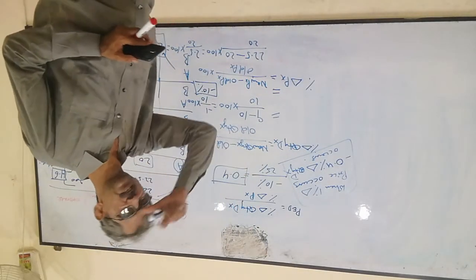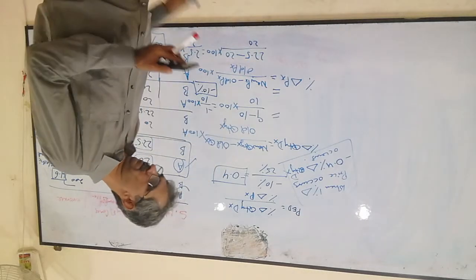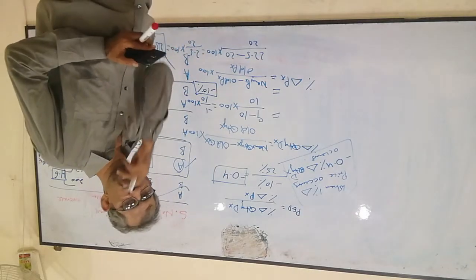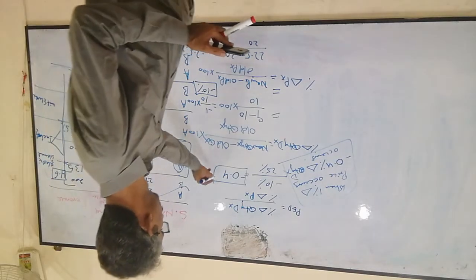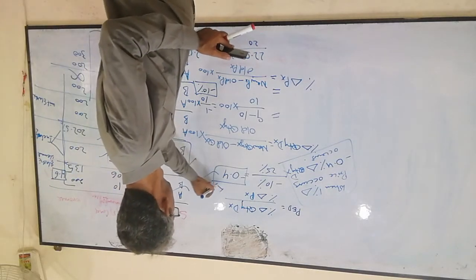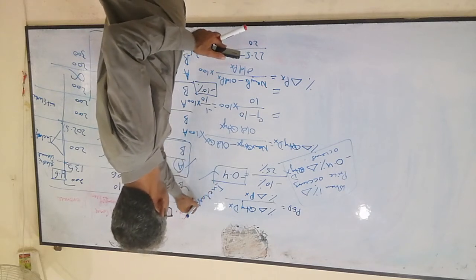Usually these are necessities and food items. Their demand doesn't change very much as price changes. So this is called inelastic demand.